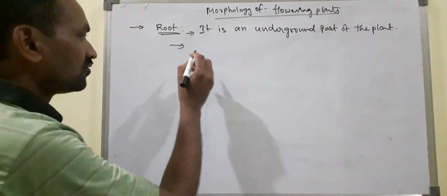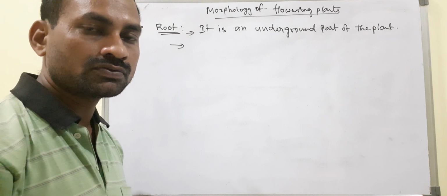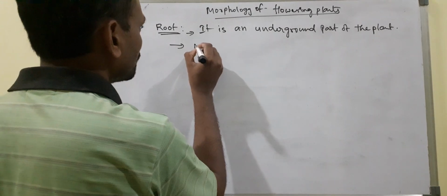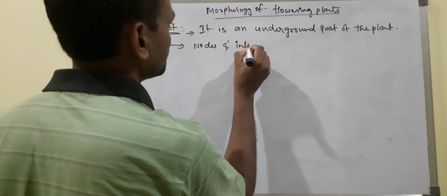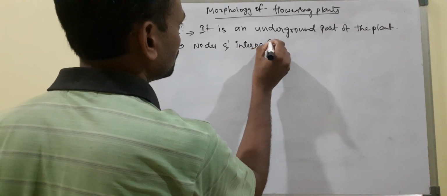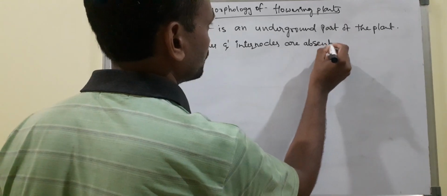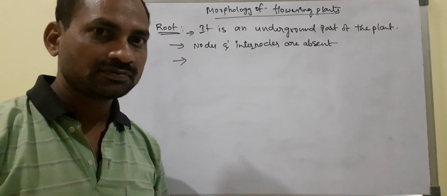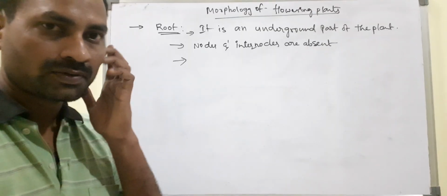Second one is we cannot find nodes and internodes on the roots, but we can find them on the stem. Nodes and internodes are absent. When it comes to the color, root is typically brown, light brown in color.